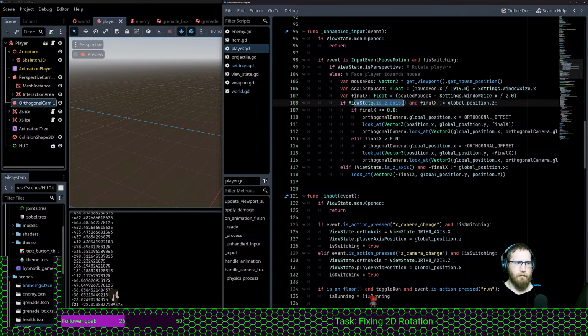If we're in the Z axis, then obviously we don't want to look at something at the exact same position as us because that causes errors to be reported.